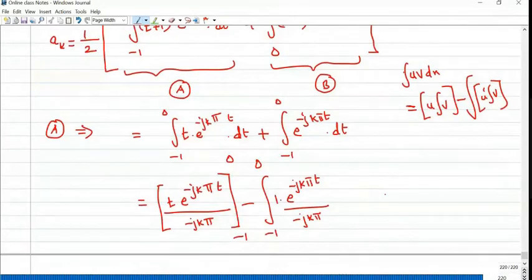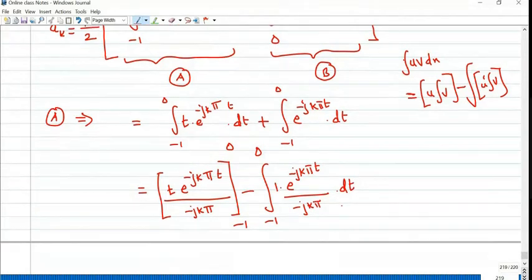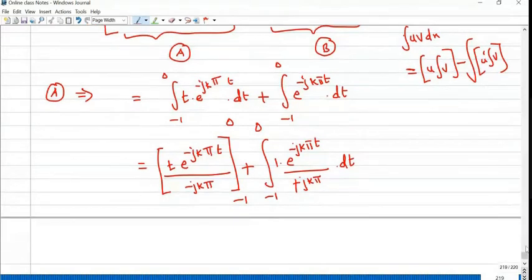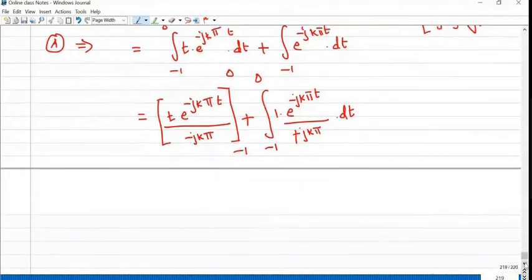Okay. So minus integration of u dash v dash again now dt. This minus and this minus will get plus. So first term 0. If we substitute 0 here, 0 dot this value will become 0. Okay.